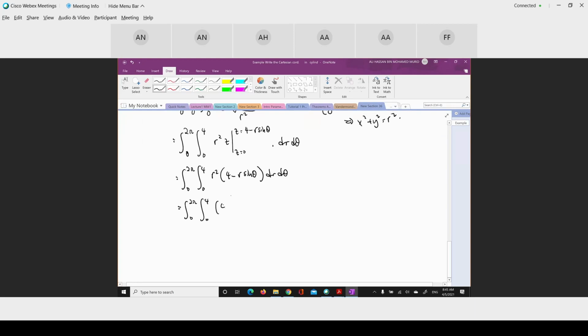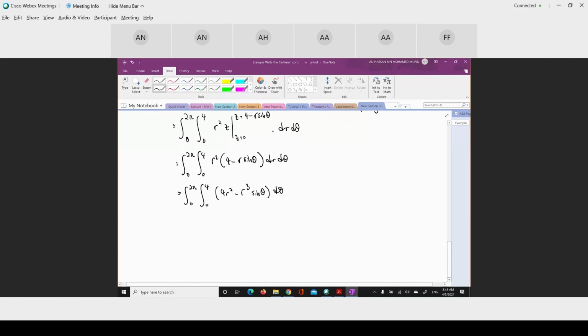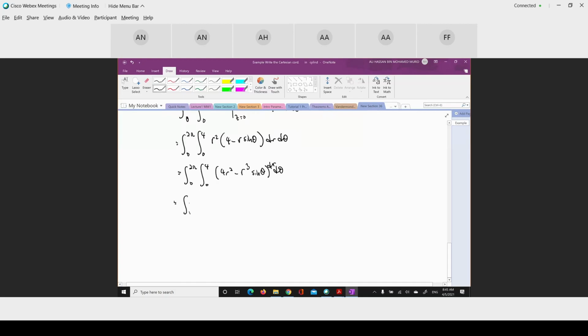We multiply r squared into the bracket, and then we have 4r squared minus r cubed sine theta, dr d theta. Integrating with respect to r, the answer is 4 over 3 r cubed minus 1 over 4 r to the power of 4.